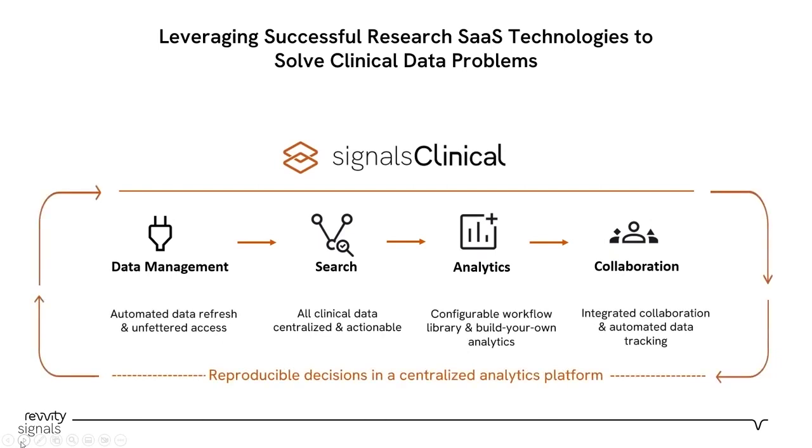Now you've already been using Signals technologies in our research use cases, whether it's Inventor, Vivo, and so forth. And now we've brought it into clinical, whereby you have the ability to make reproducible decisions in a centralized analytics platform.